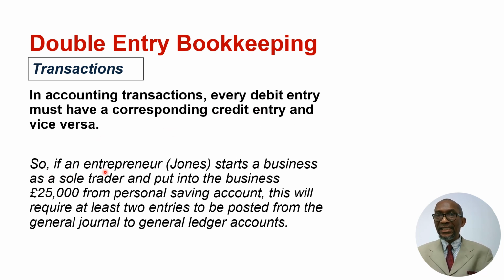So if an entrepreneur, for instance Jones, starts a business as a sole trader and puts into the business 25,000 from a personal savings account, this will require at least 2 entries to be posted from the general journal to the general ledger account. Thus, we are now doing the double entry bookkeeping.